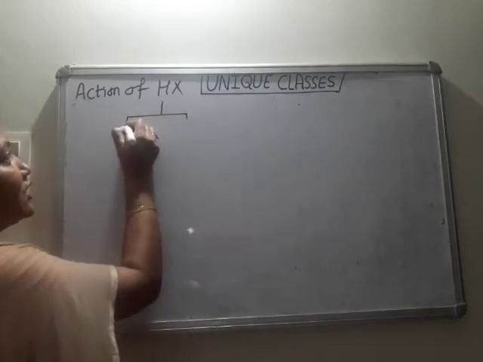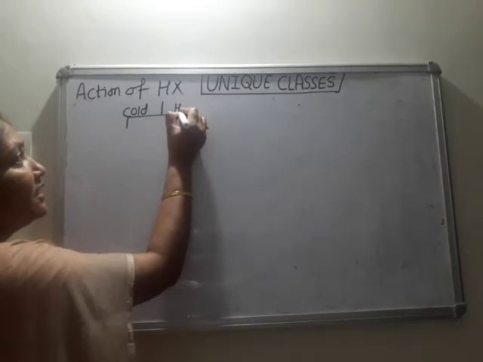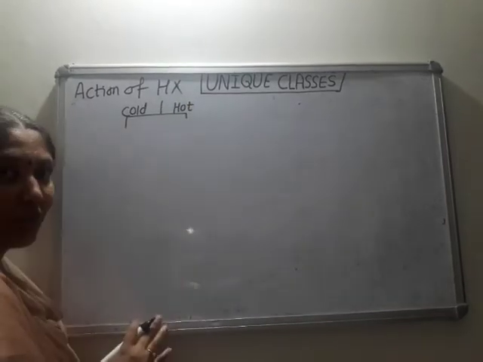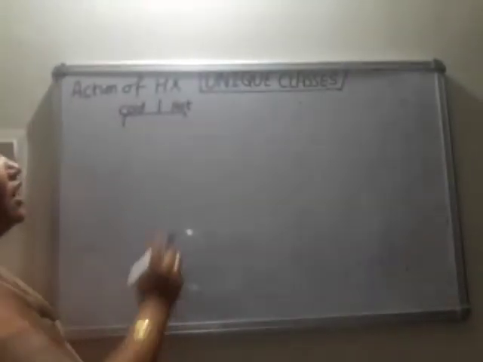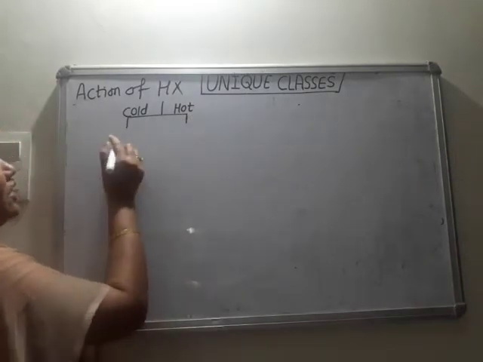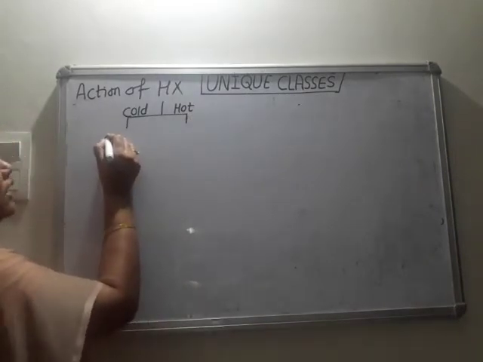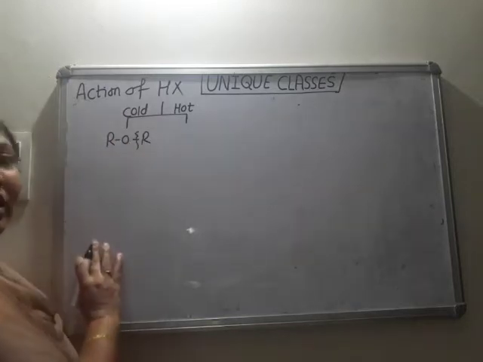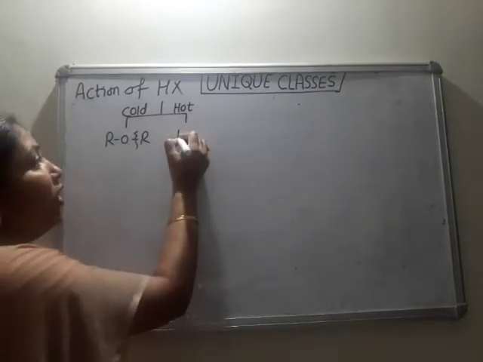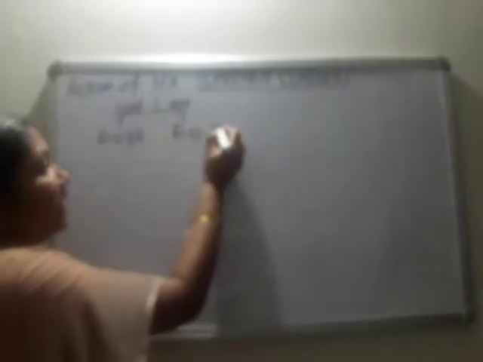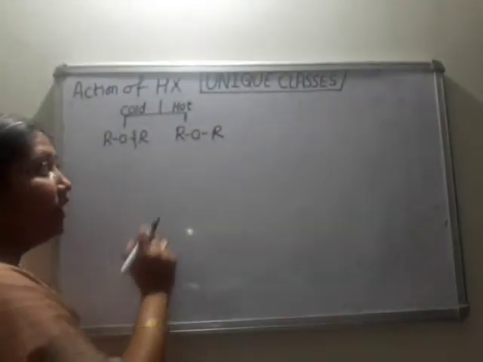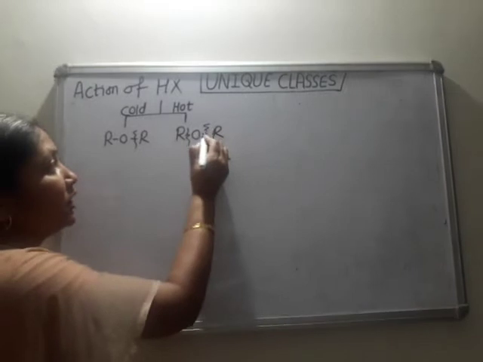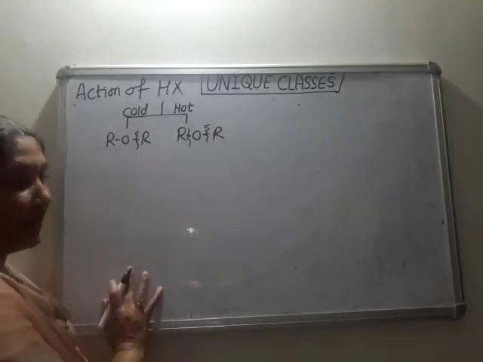HX reacts with ether in cold condition and at higher temperature, hot condition. In cold condition, only one CO bond breaks, and in hot condition, as temperature is higher, both CO bonds break.